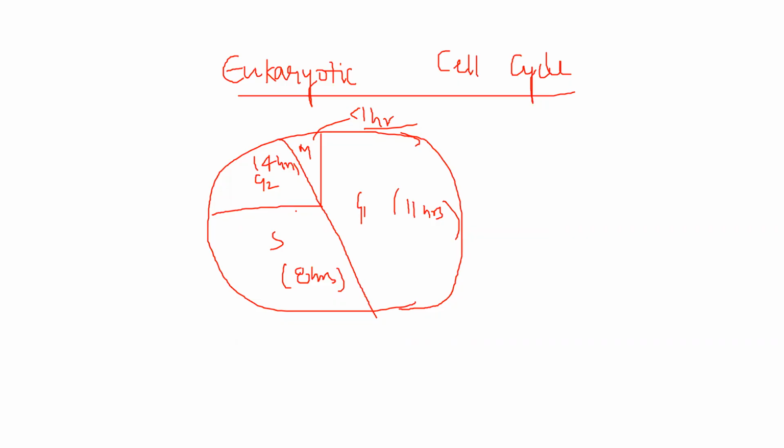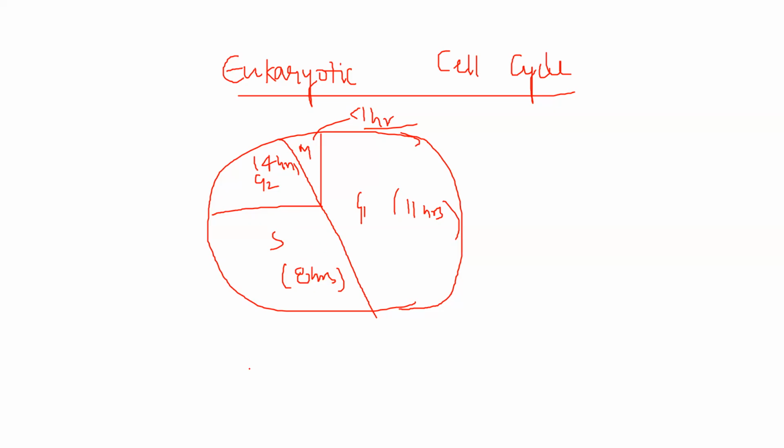Checkpoints ensure the ordered events of the cell cycle, that the cell cycle proceeds in an orderly manner. After G1 there must be S, after G2 there must be M, and in M different phases are there. So they just check that the cell cycle is going on in an orderly manner or not.